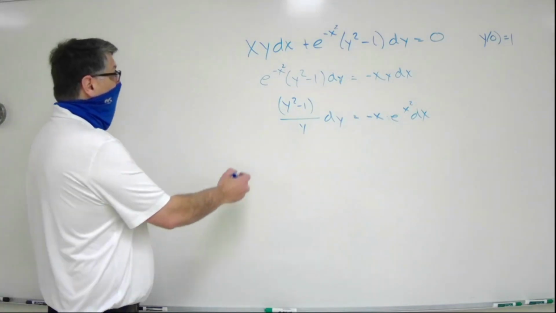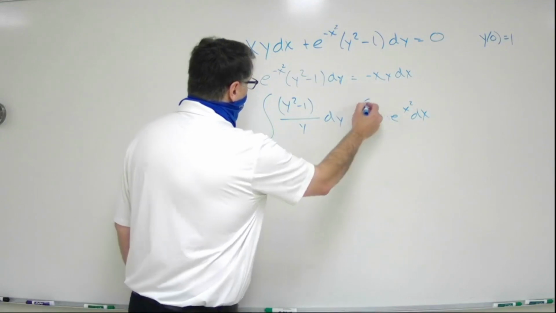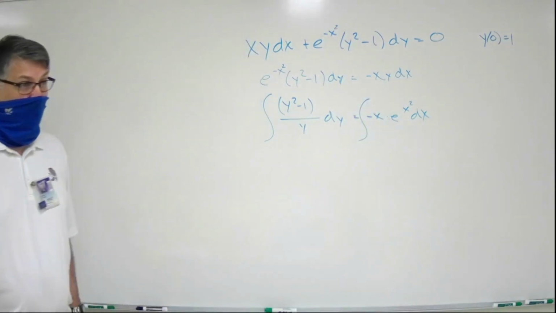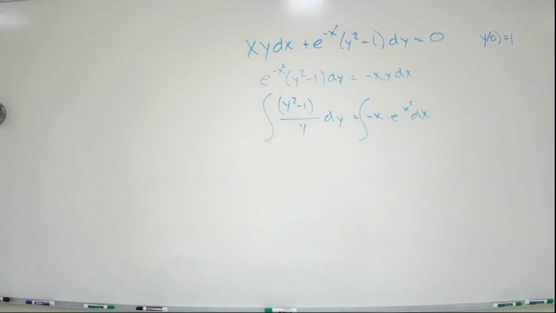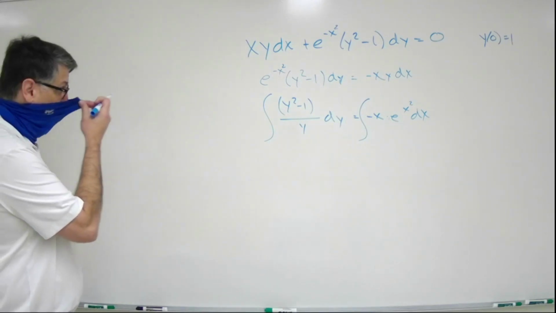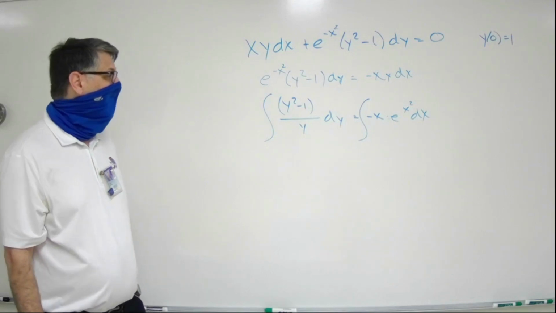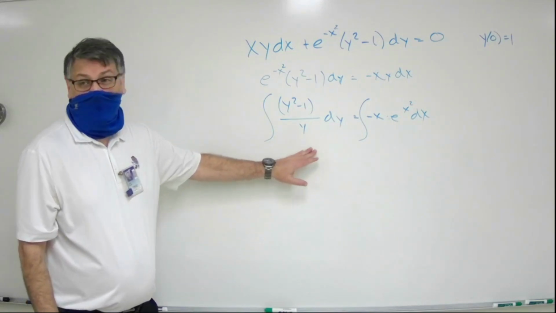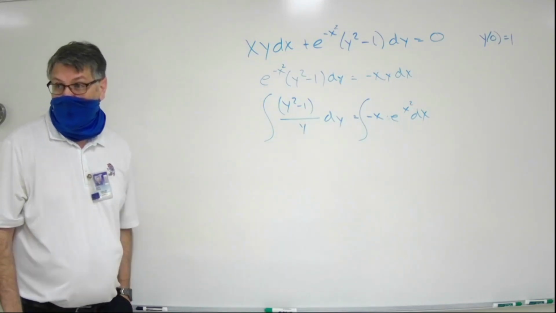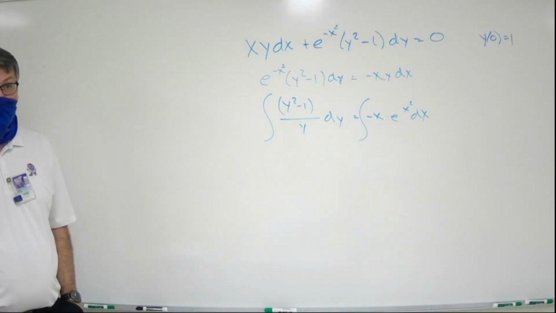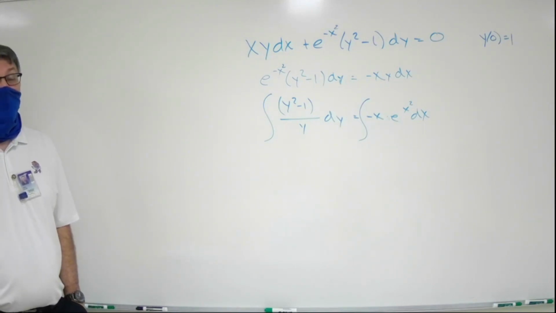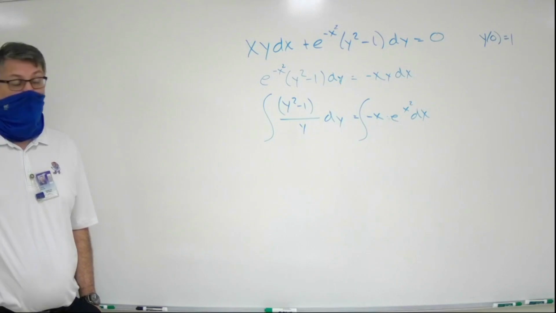So now we're going to integrate both sides. Still doesn't look okay, right? It looks worse. Okay, here we go. Has an integral in there. So, how am I going to integrate this? Separate it.